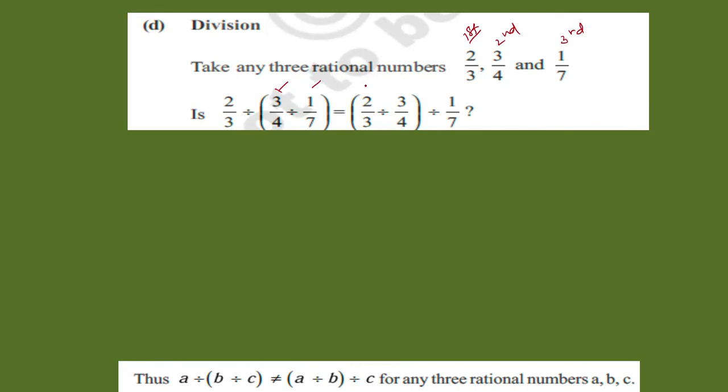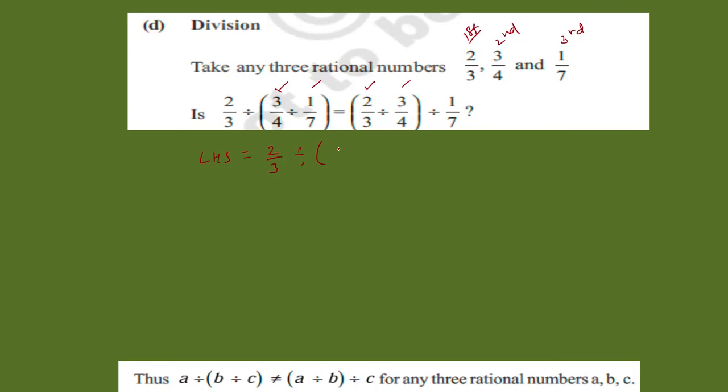In the right hand side, what is in the brackets? 2 by 3 is the first number, 3 by 4 is the second number. In this way, we can check the associative property in division.